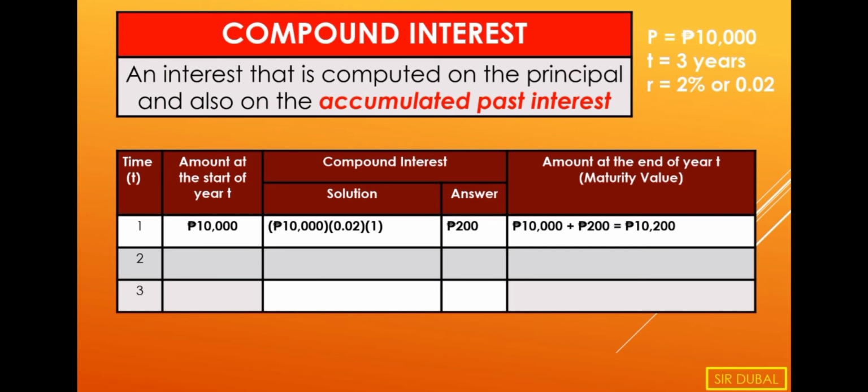So we are going to know that in compound interest, we are going to solve for the interest that is computed on the principal and also on the accumulated past interest. So the accumulated past interest in this problem is our maturity value. So we're going to use that maturity value as our amount at the start of a year. So for the second year, we are now using 10,200.